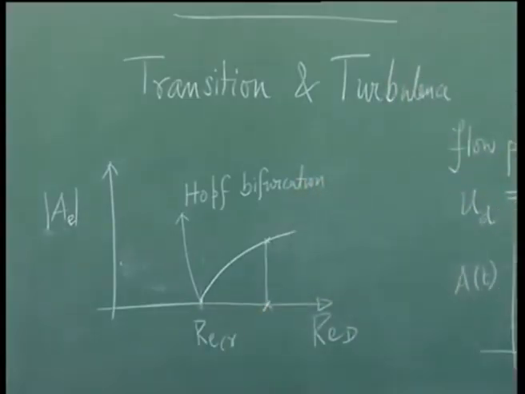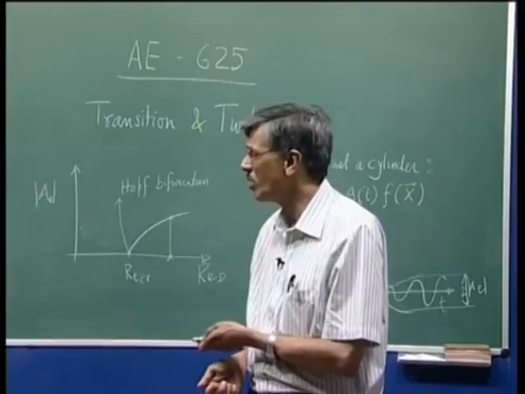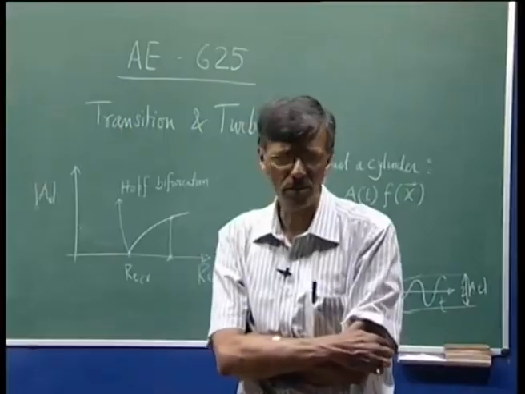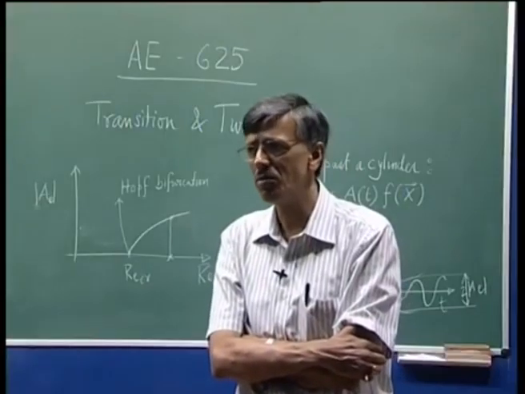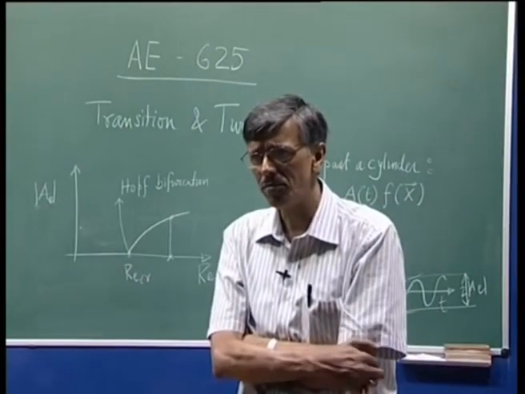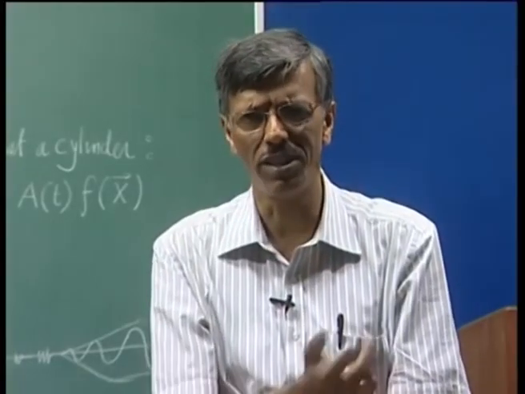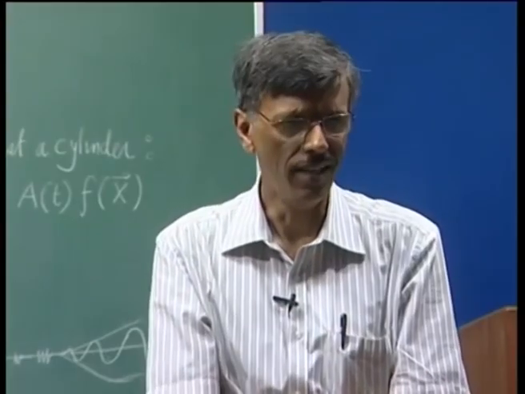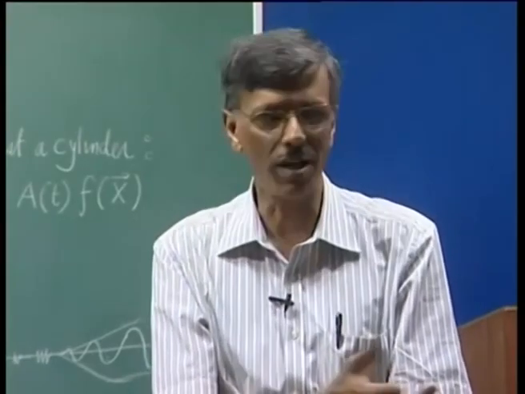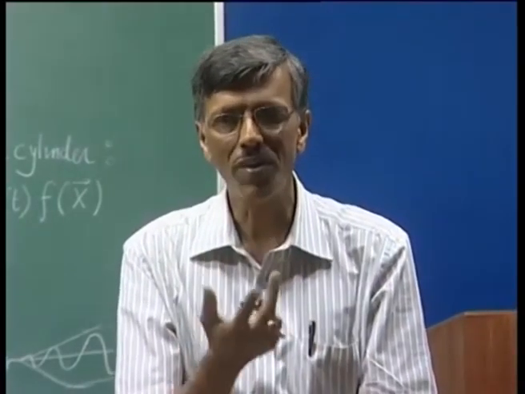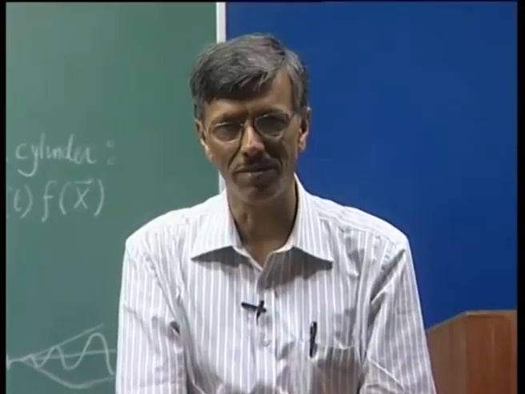So, we'll use that, and we'll also talk about other interesting things like the effect of heat transfer on flow instabilities. This is a very important issue, because if we are talking about, let us say, flow in our atmosphere, the weather system, you cannot just simply talk about the instability of the atmosphere in the absence of heat transfer.